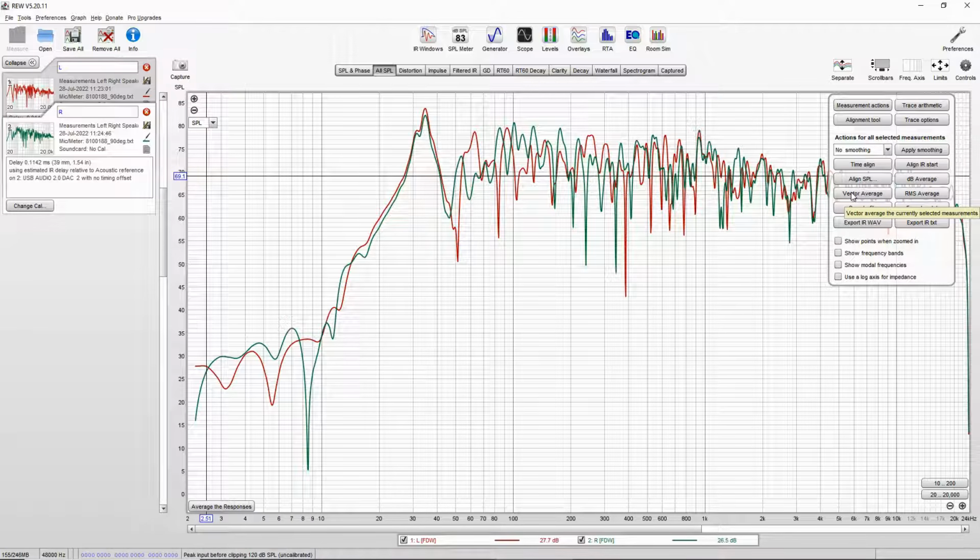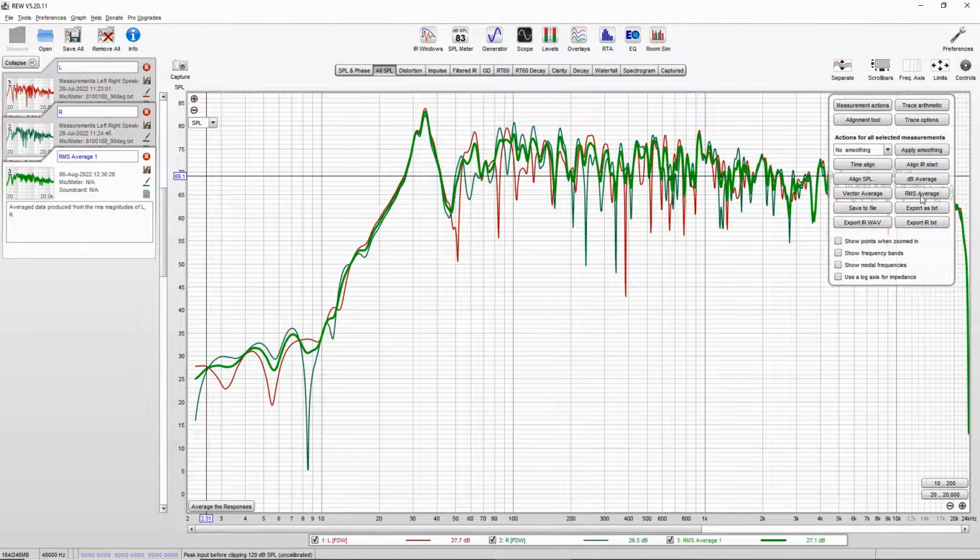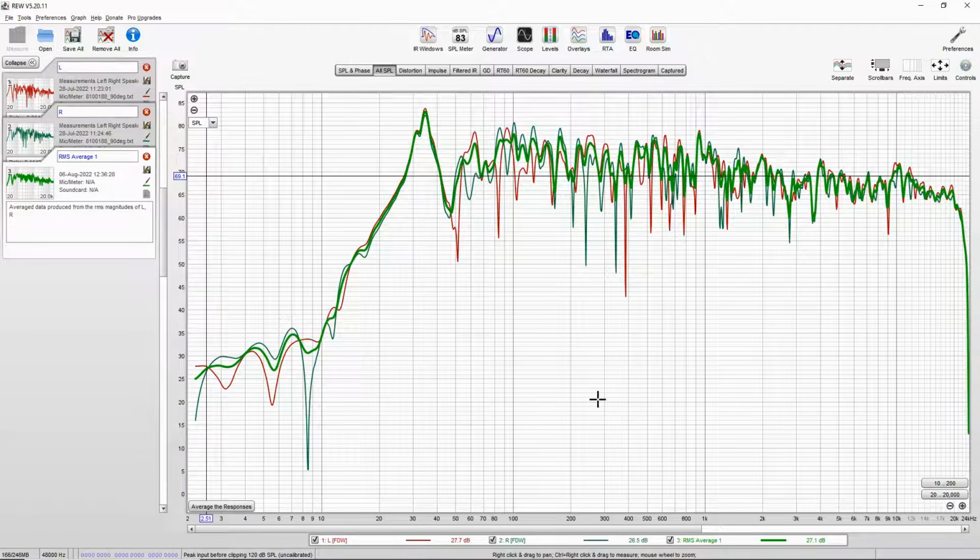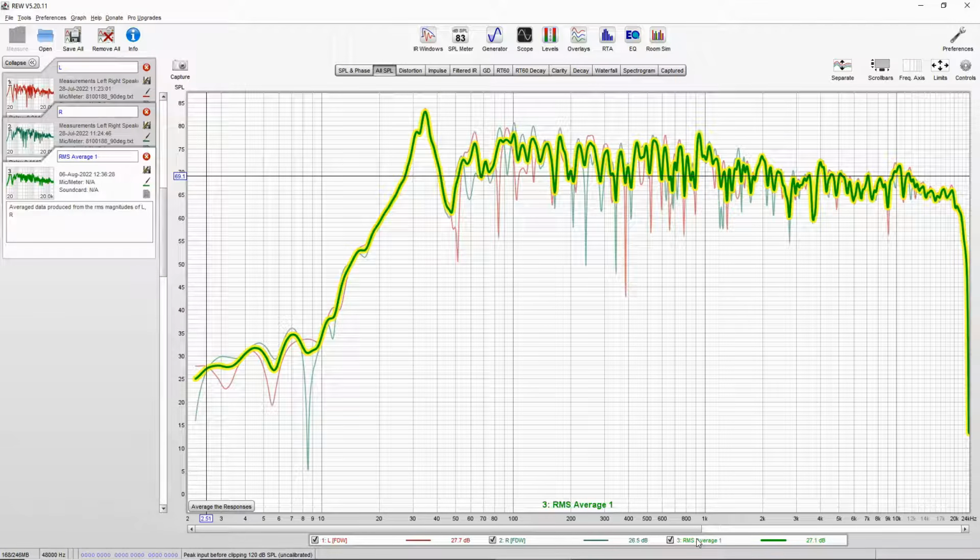Vector average also takes into consideration the phase values in the frequency band, but it has some issues for unwrapped phase values way outside the range, etc. John, the author of REW, is working on a different kind of averaging technique, but it's not ready yet. RMS average is good enough. It just simply takes the average of the SPL of two speakers, like so. It is exactly in between for every frequency throughout the range.